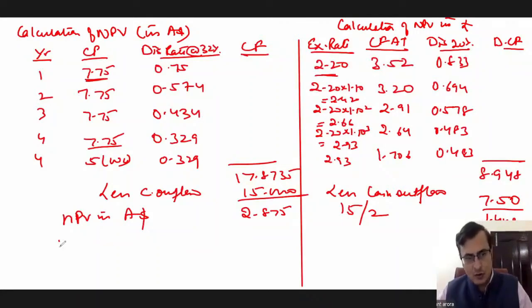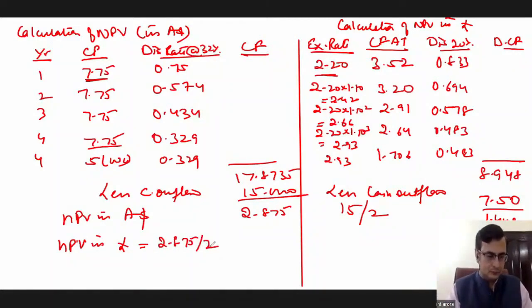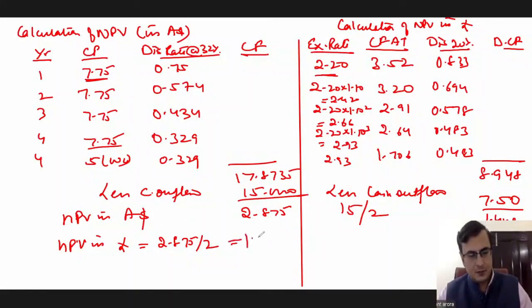So shall we see what will be the NPV in pounds? 2.875 divided by 2. Almost same, 1.43. Okay, 1.4. So both of them are very much similar, isn't it true? Okay, so I will conclude here.